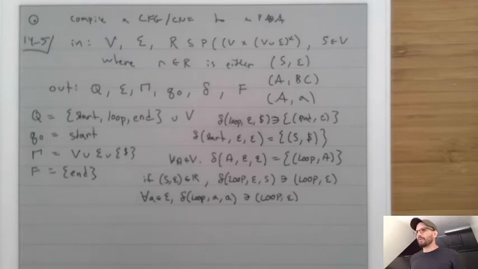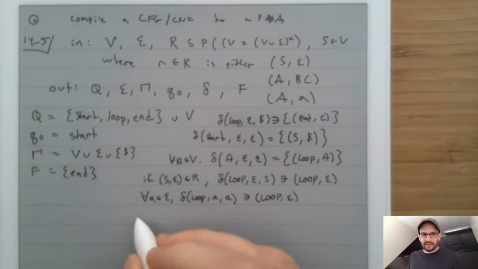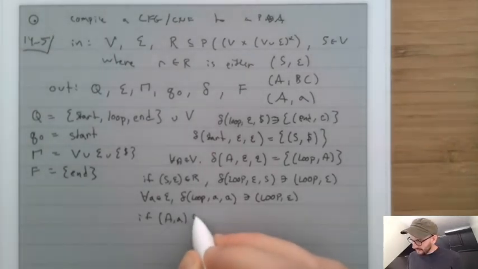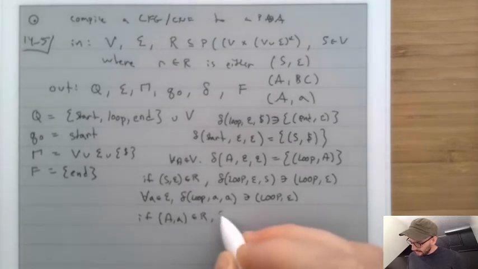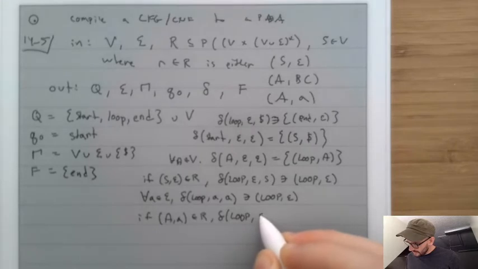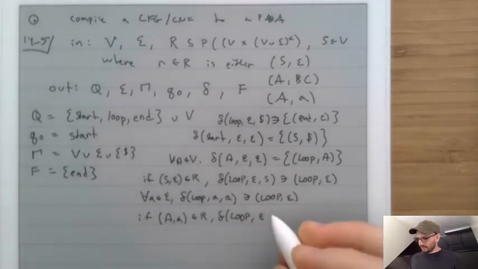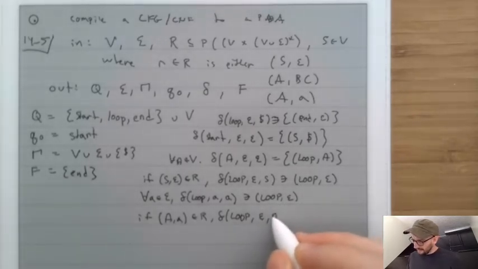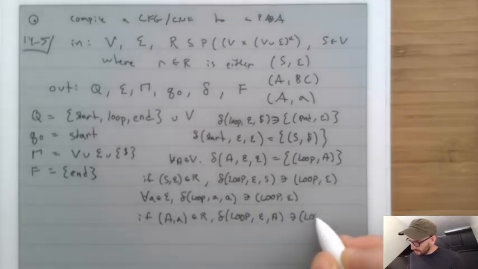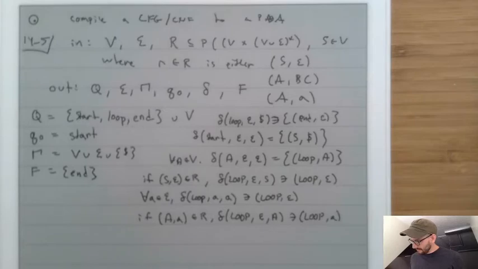Now, we also need to consider other rules. We say, if A is inside of R, then delta of loop epsilon, big A, on the stack will include loop little a.